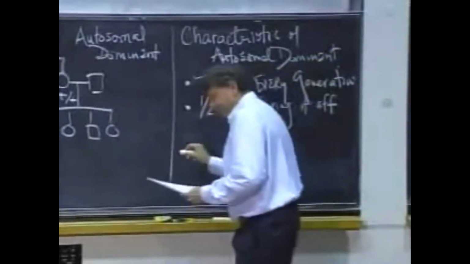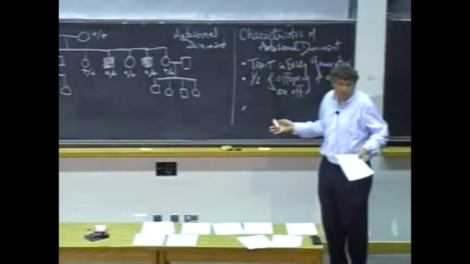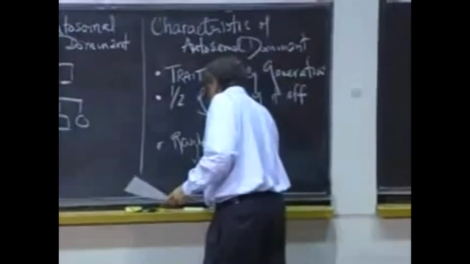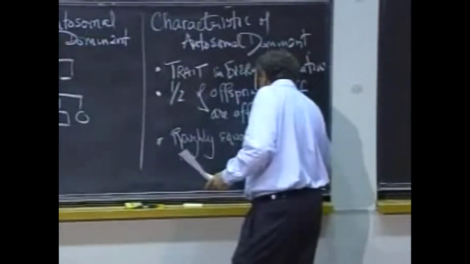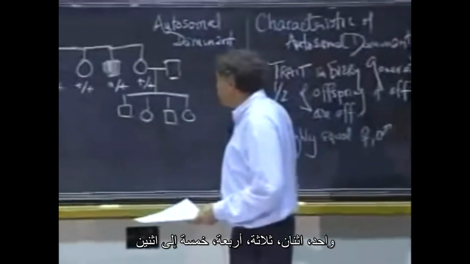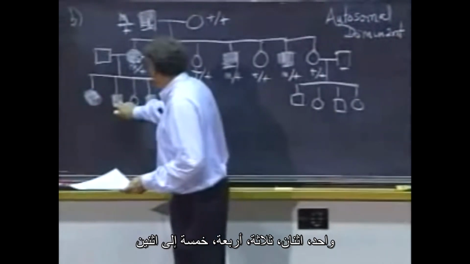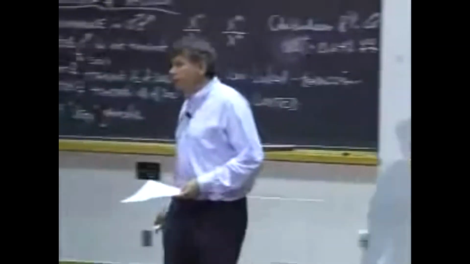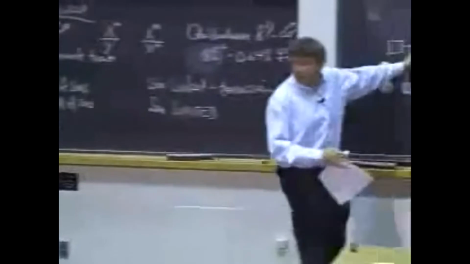What else? Males and females, roughly equal in males and females. Sorry? 2 male, 1, 2, 3, 4, 5 to 2. So it's a 5 to 2 ratio? Oh, in the offspring, it's a 2 to 1 ratio.